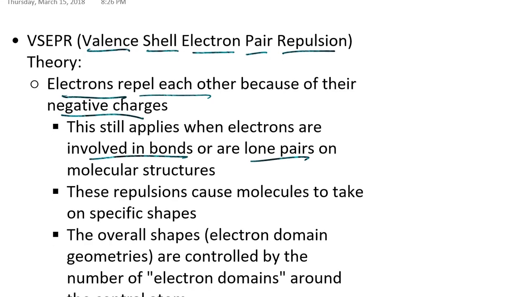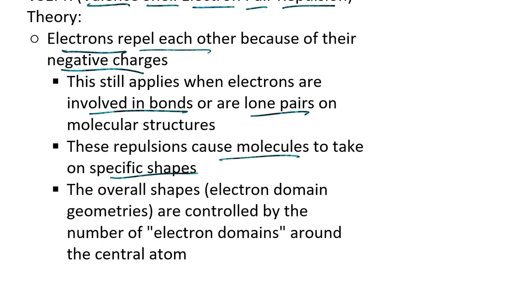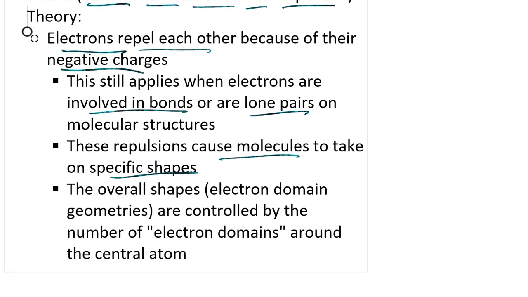And so these repulsions are what cause molecules to actually take on the specific shapes that they do. And so, in general, we have to find a way to refer to these shapes and also to be able to predict what shape a molecule will take based on the situation of what we will call electron domains.